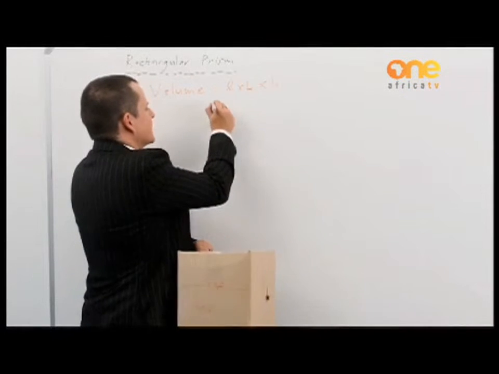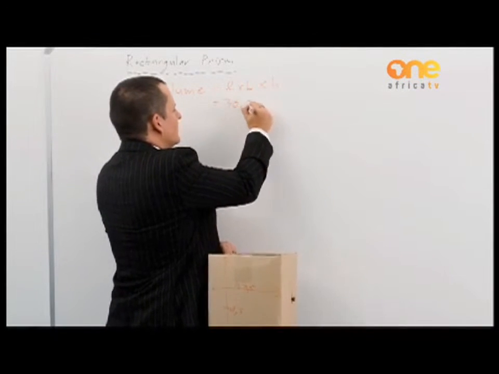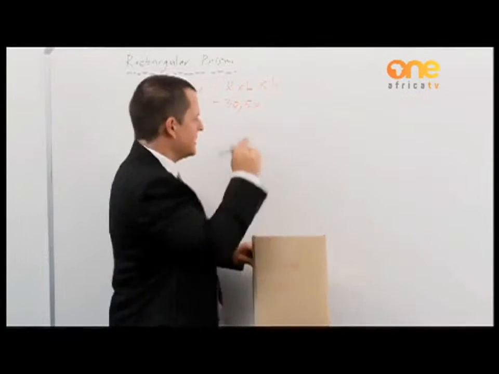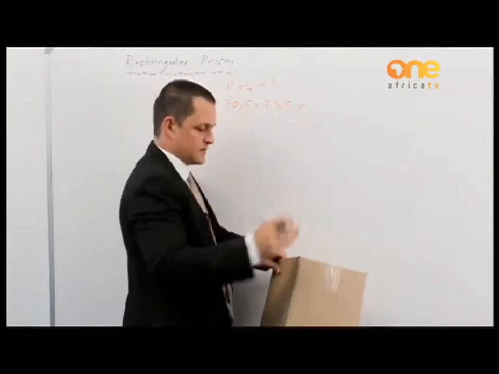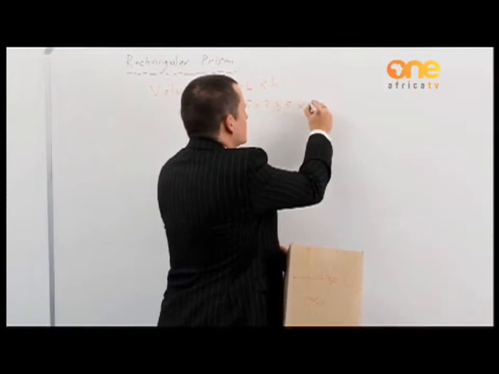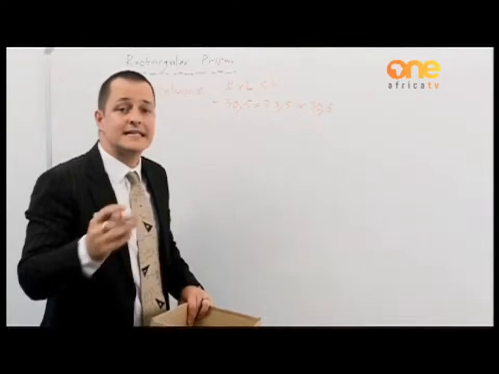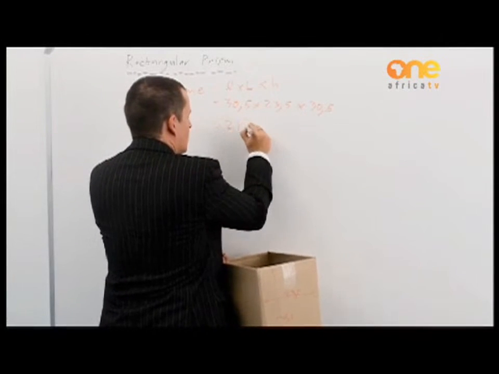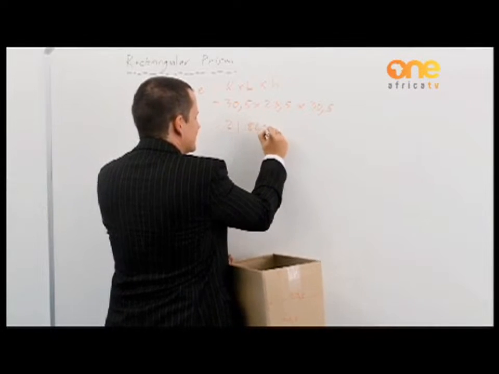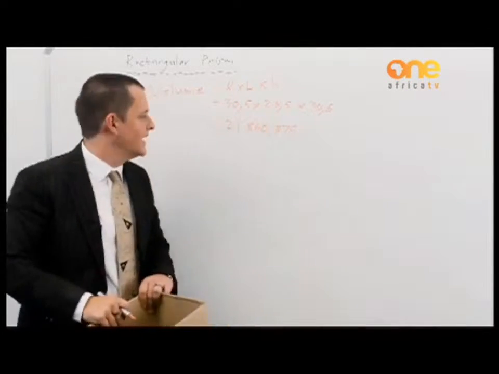So if we type this in, we have 30.5 times 23.5 times my depth, which is 30.5. Type that into the calculator, and we end up with 21860.875.